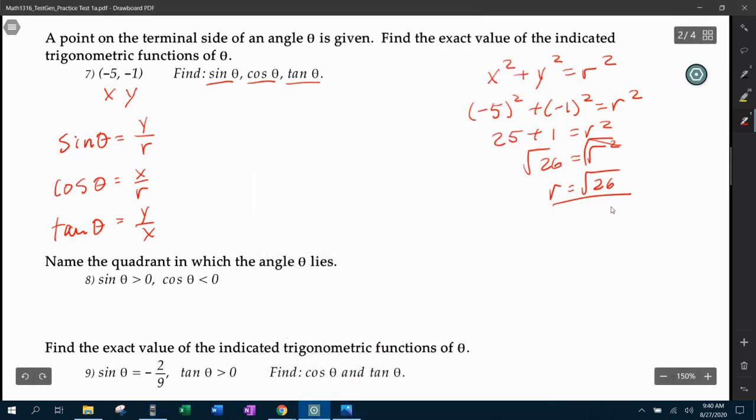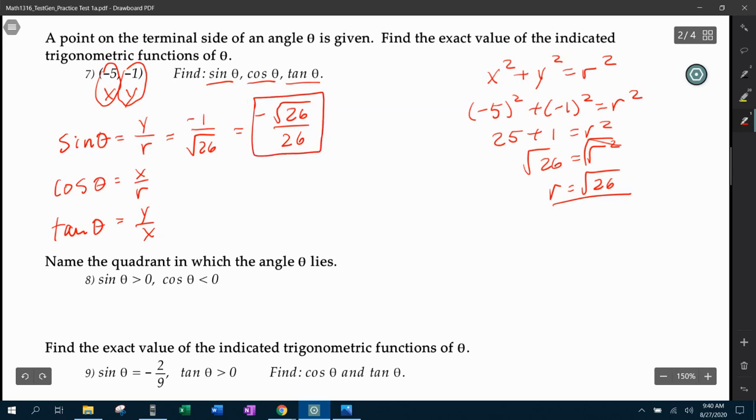So now that I know the radius and I know x and y, I can now find these trig ratios. So sine is negative 1 over square root of 26, and we're going to need to rationalize that. Copy and paste, and then erase.